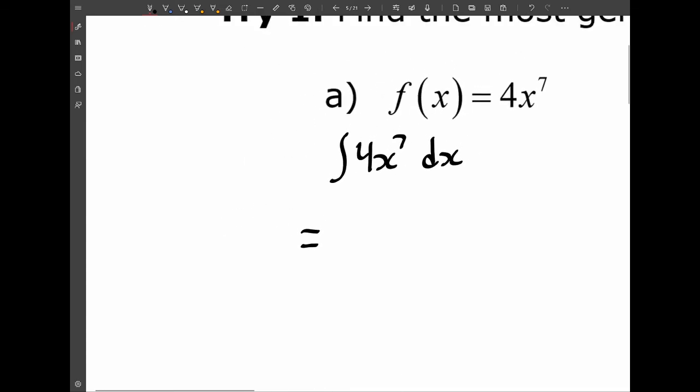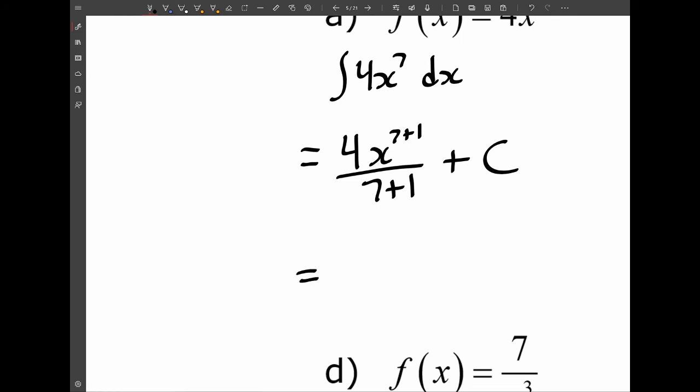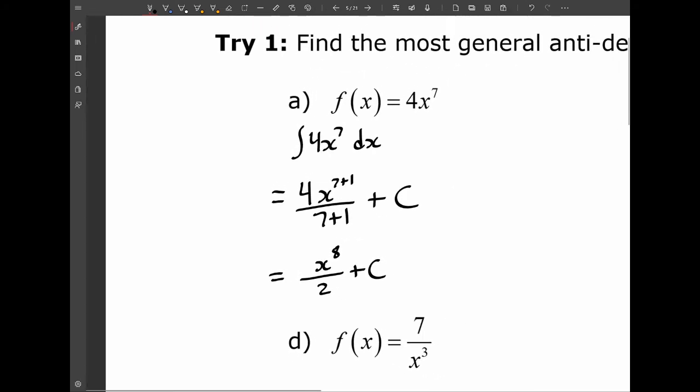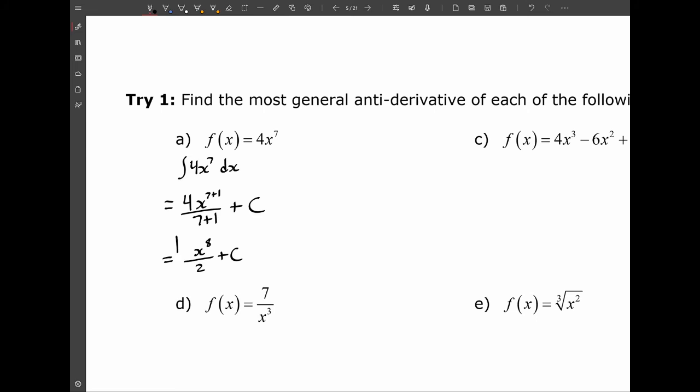So what I get is 4x to the 7 plus 1 all over 7 plus 1 plus my constant c, which is equal to 4x to the power of 8 all over 8 plus c, or let's just make this a little bit nicer, x to the power of 8 over 2 plus c. Or 1/2 x to the power of 8 plus c, that works too. Either one's fine.